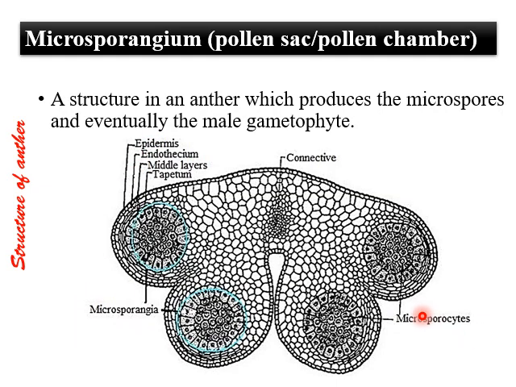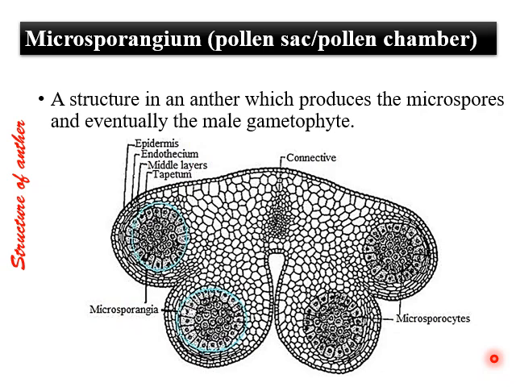The endothecium is followed by 2 to 3 layers of cells called middle layers, which is followed by the innermost layer called tapetum. Tapetum is considered the protective layer for every microsporangium.